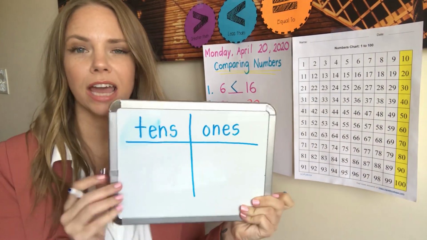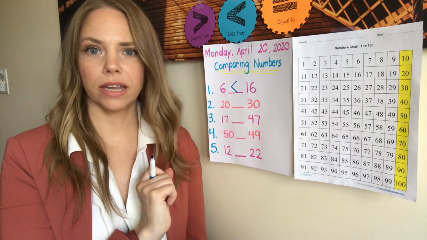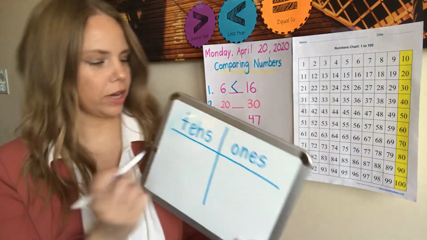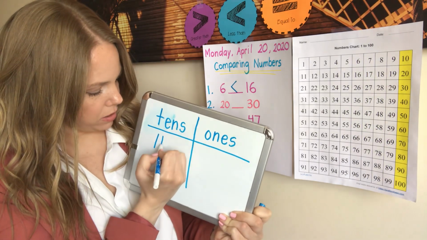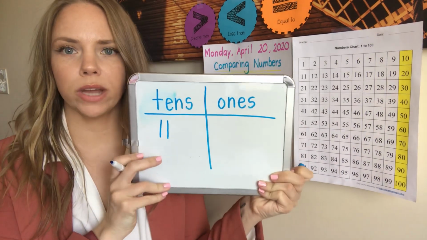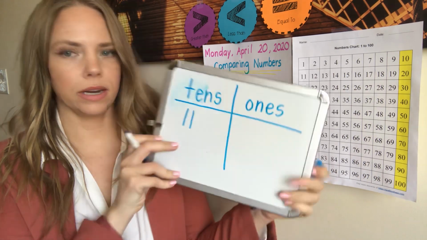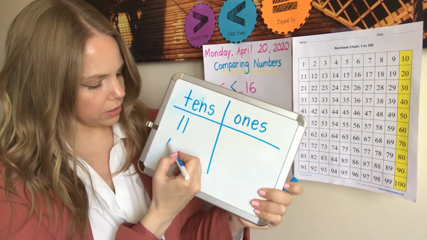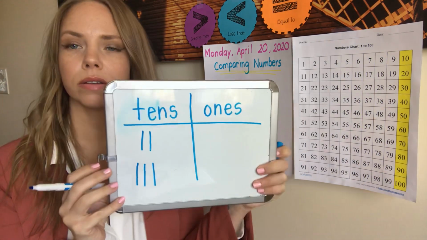Okay, there's my place value chart. I have tens and ones. And I'm comparing the numbers 20 and 30. Okay, so here I'm going to show you what 20 looks like. 10, 20. Okay, there's 20. Okay, and now let's see what 30 would look like. 10, 20, 30.